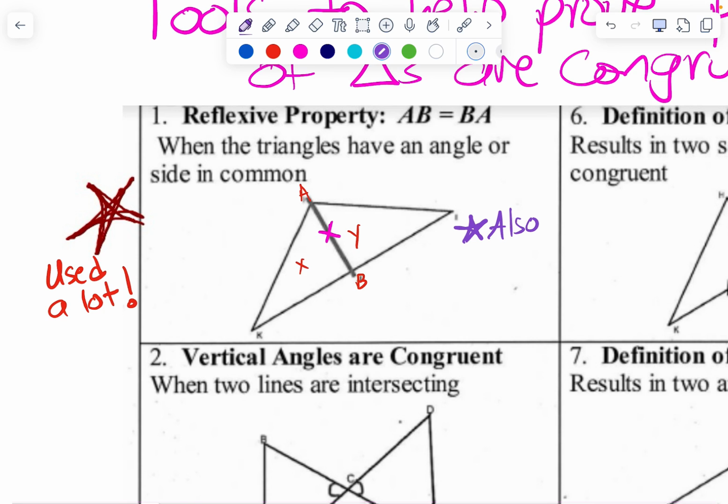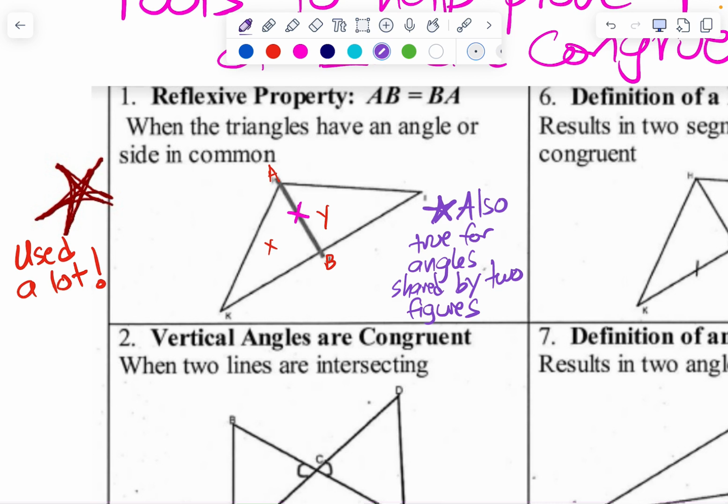This is also true for angles shared by two figures. In other words, we have reflexive angles also.